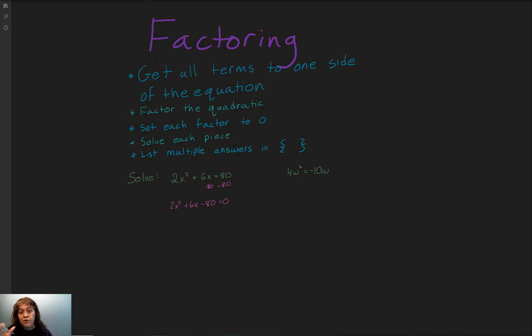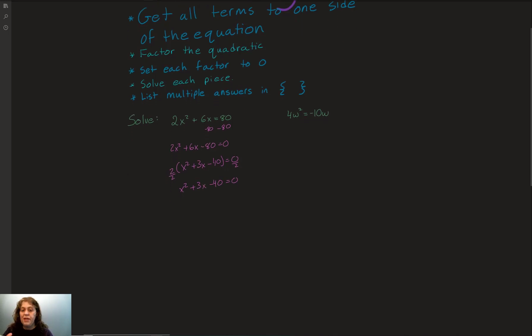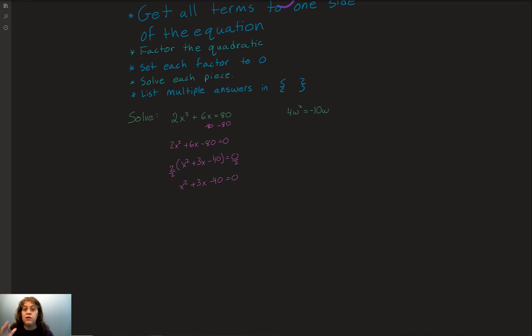Remember when we're factoring, the first thing we always look for is a GCF. So we're going to pull out a 2: x squared plus 3x minus 40. Because this is all equal to 0, I can just divide both sides by 2, and that goes away. I can ignore it. X squared plus 3x minus 40 equals 0 because it's an equation. If this was not an equation and just an expression, you would have to keep the 2 there.